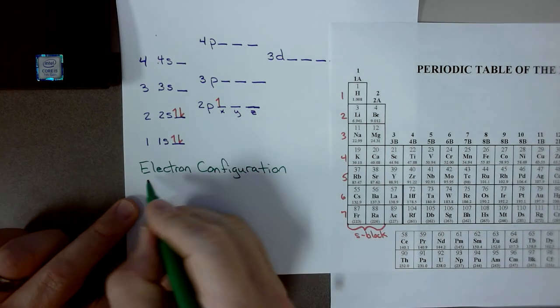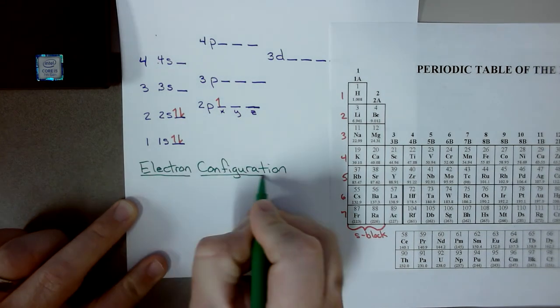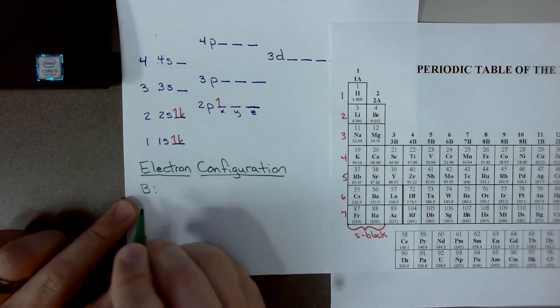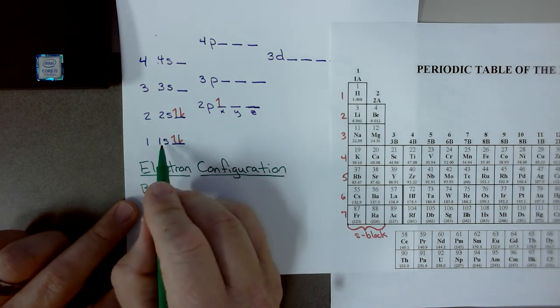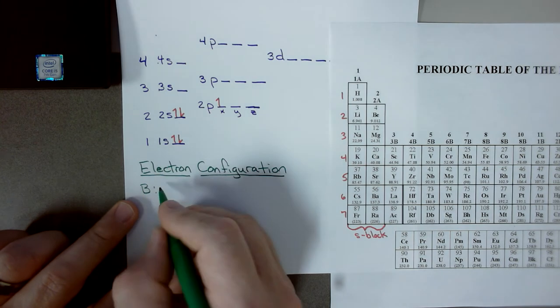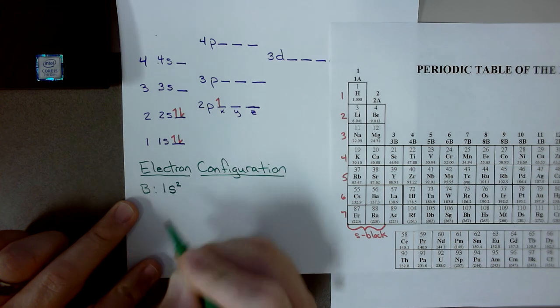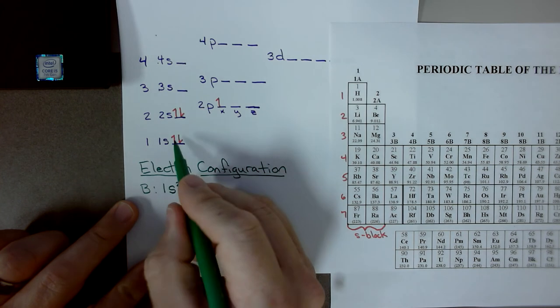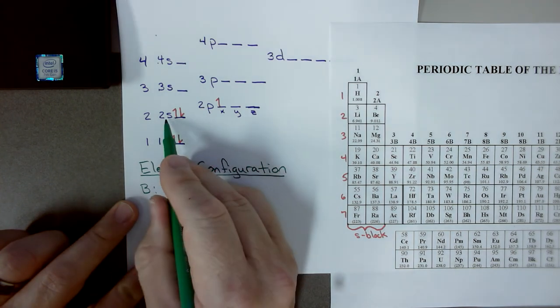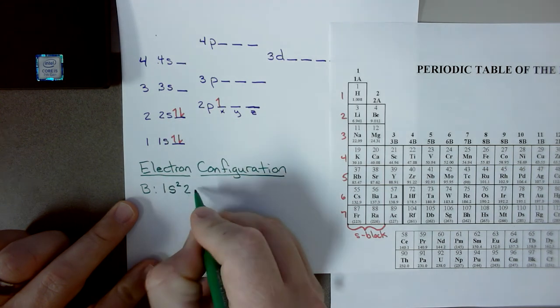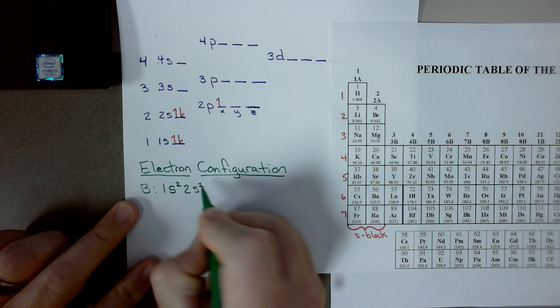We see that if I'm looking at the element boron, and boron has 5 electrons, we have a 1s with 2 electrons, so that's energy level 1, sublevel s, with 2 electrons. And then it has energy level 2, sublevel s with 2 electrons, so that'd be a 2s with 2 electrons.